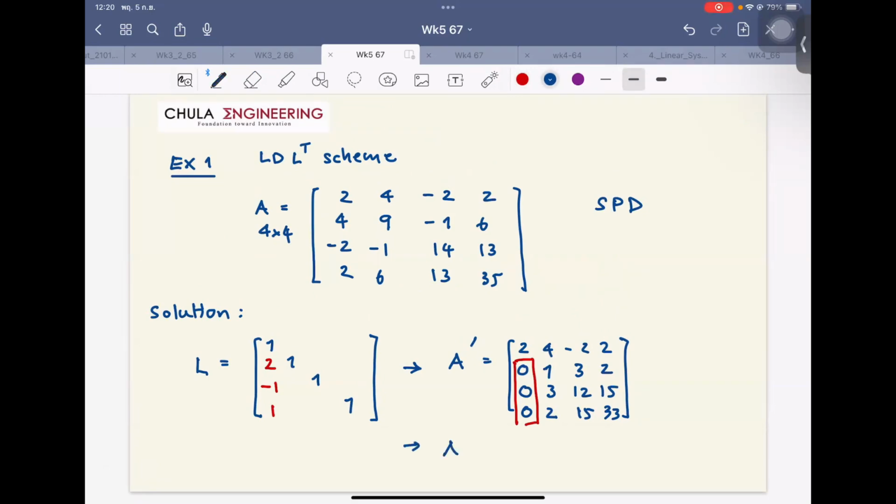And I will know that if I multiply, now I don't have to do anything. I just make, let me copy this.